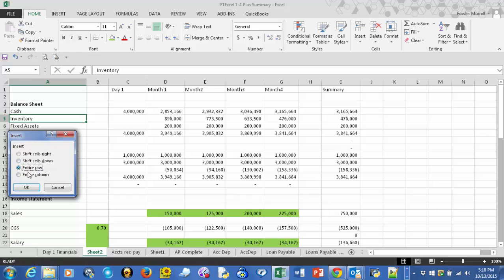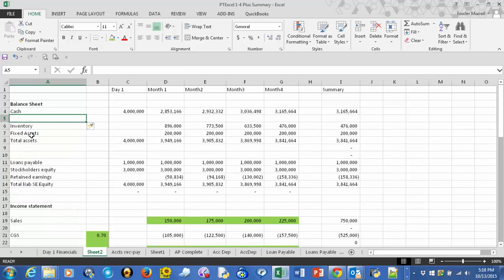Make sure you're putting in the entire row. Say OK. And that's going to be accounts receivable. Okay. So we have a row of accounts receivable.